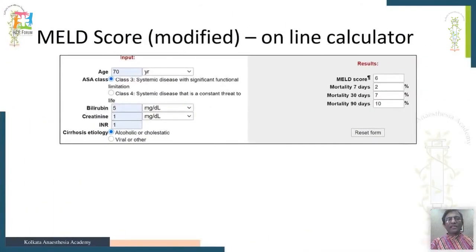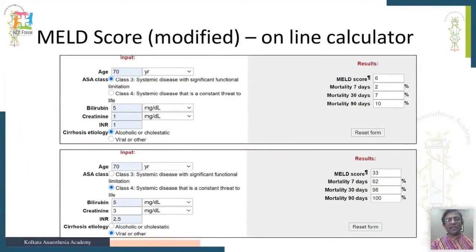So if you look at it, 70-year-old, ASA class 3, bilirubin 5, creatinine 1, INR 1, alcoholic cirrhosis, you get a MELD score of 6, and the mortality after 90 days is 10%.